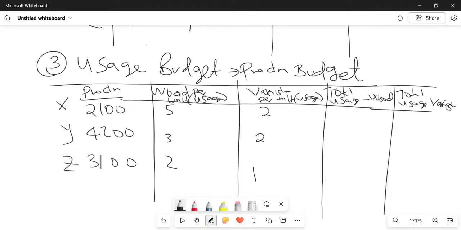Very easy, ninjas. That's how you do it. You see, this is per unit, and for production we are producing 2,100. So for wood, the first one will be 2,100 times 5. Do you guys have numbers there for wood in kilograms?